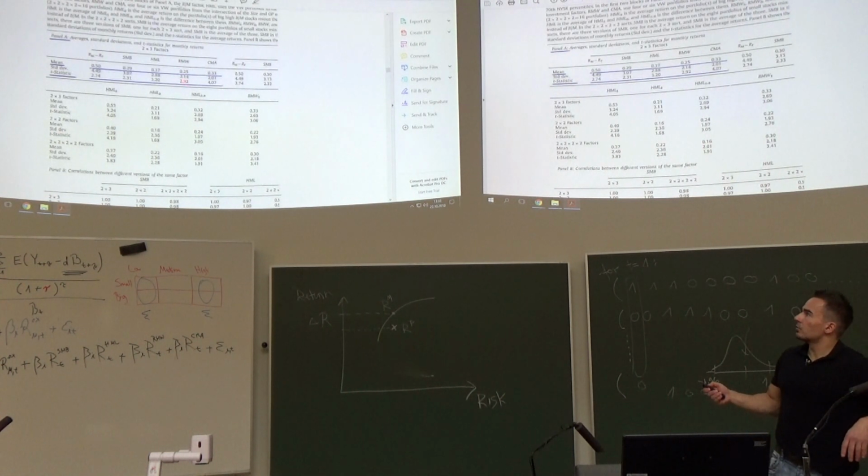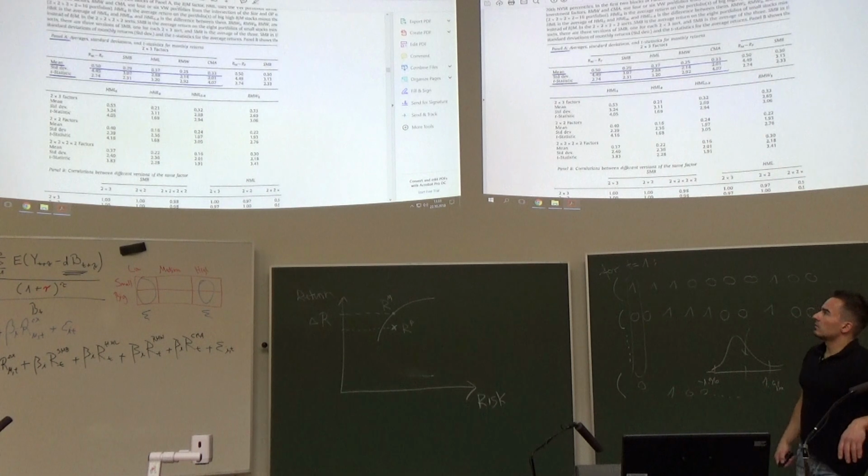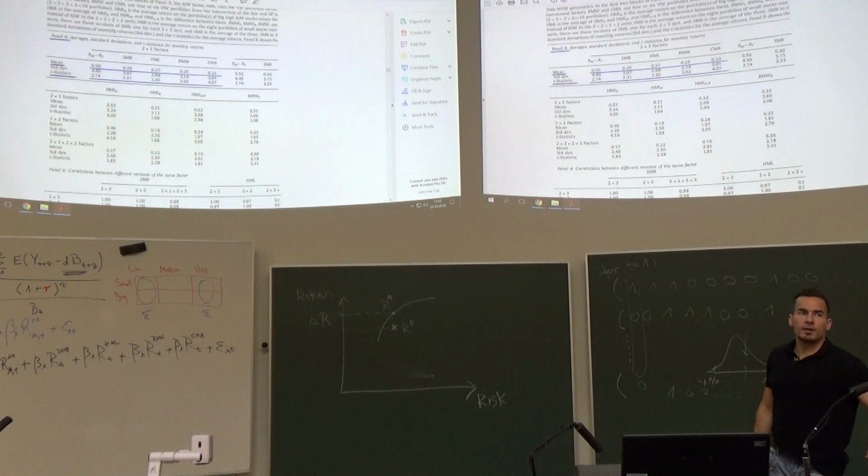T-statistic is 2.92, which also indicates statistical significance on even a 1% level. And we have in the last column here the CMA factor, the investment factor, conservative minus aggressive investing stocks. Generate the spread, an average return of 0.33% per month, t-statistic of 4.07, highly significant.